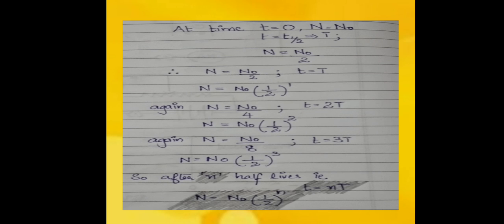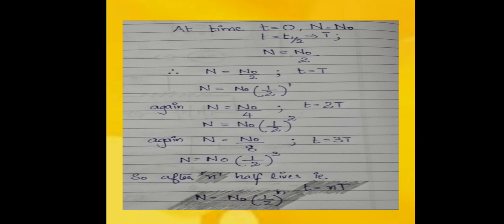Now after 2 half-lives, that is t is equal to 2T, what will n become? N will become n0 by 4, or we can rearrange and write it as n0 into 1 by 2 whole raised to 2. Similarly, if 3 half-lives are completed, the number at that instant is n0 by 8, which we can write as n0 into 1 by 2 whole raised to 3.